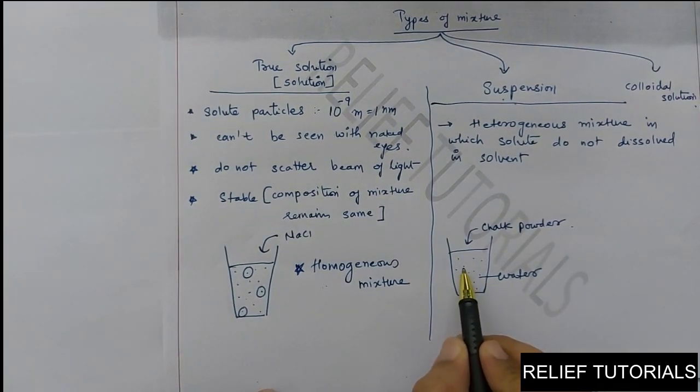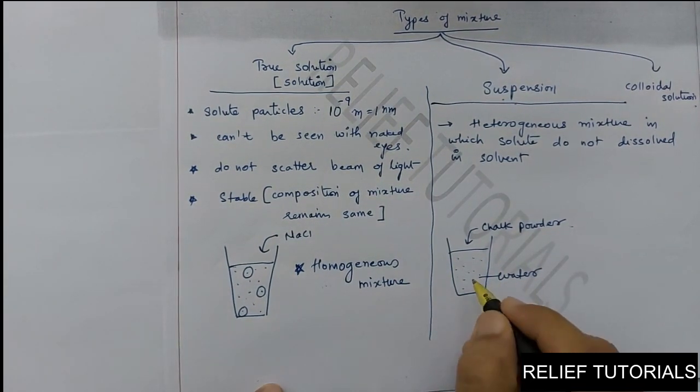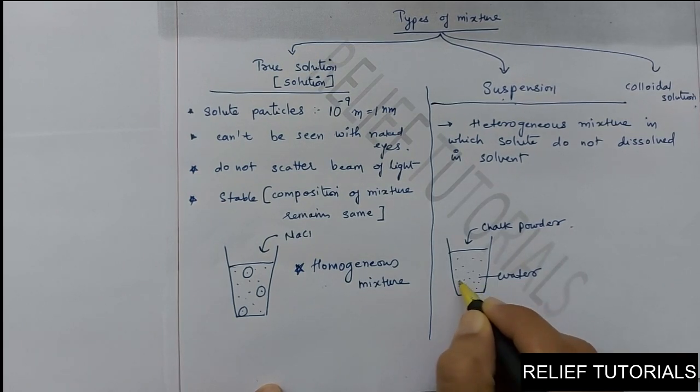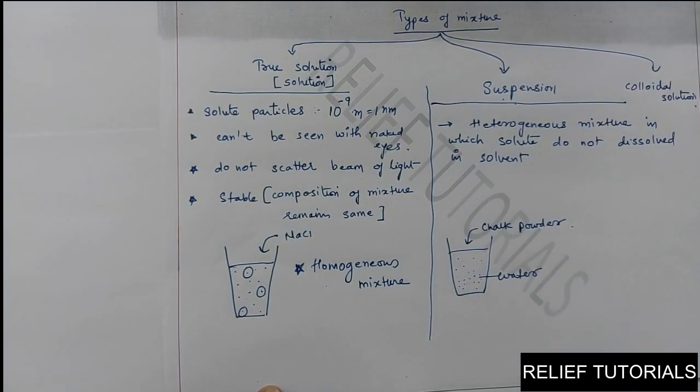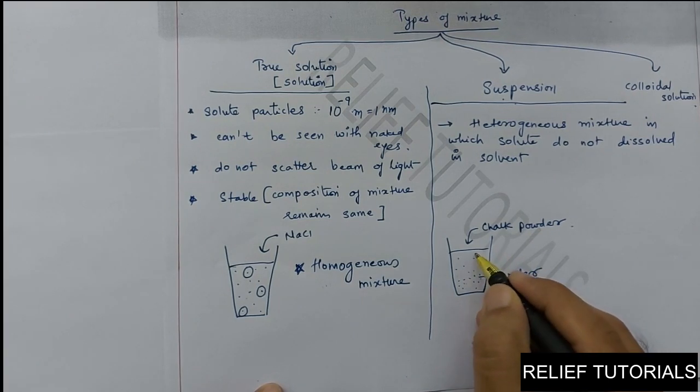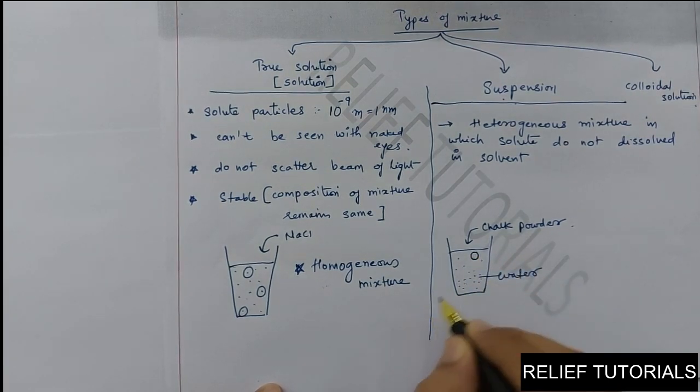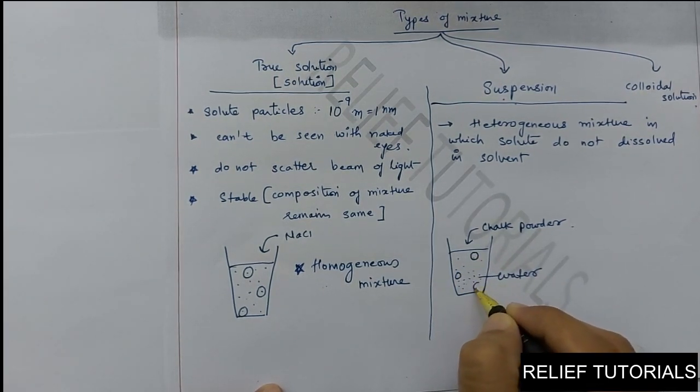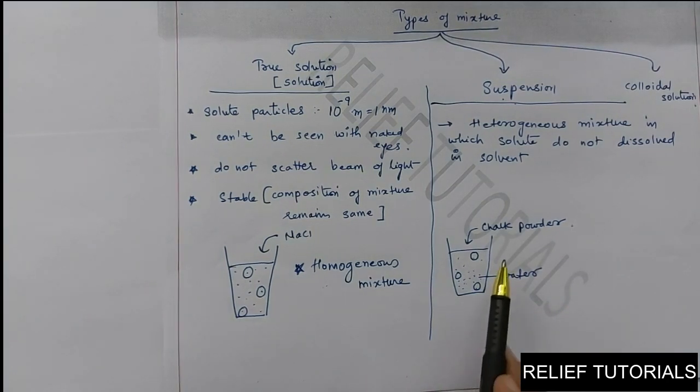The density of chalk powder will not be the same everywhere. Most of the particles are at the bottom. So if you take a sample of the mixture from the top portion, middle portion, and bottom portion, you will find the chalk powder is different everywhere.